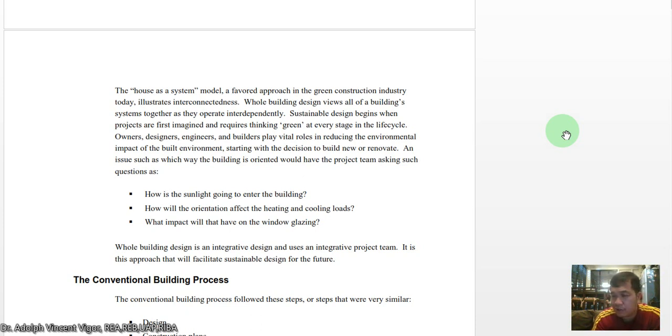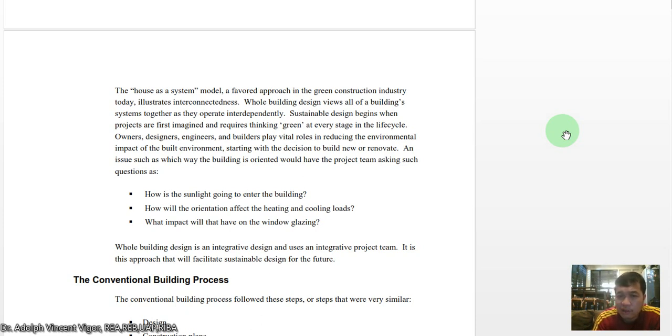So when you also design your cities, guys, in your urban design development, you have to think sustainably all throughout the stages. Owners, designers, engineers, and builders play vital roles in reducing the environmental impact of the built environment.